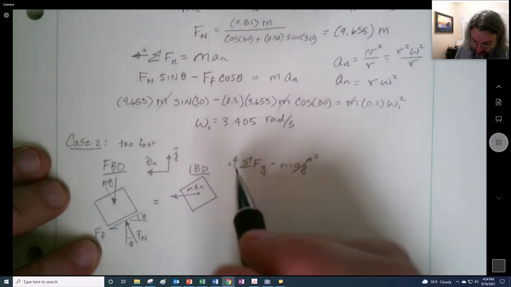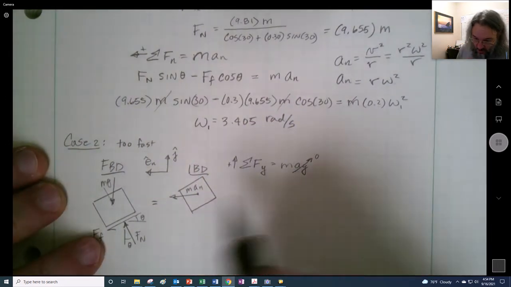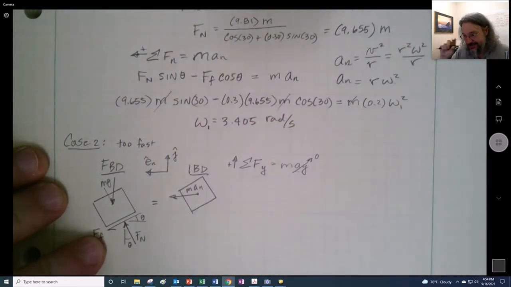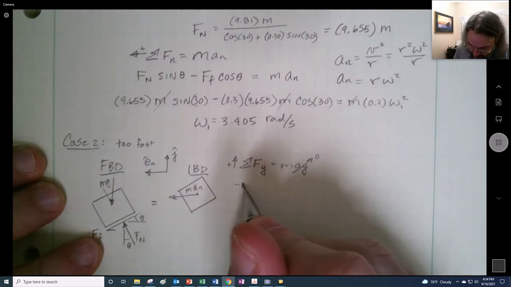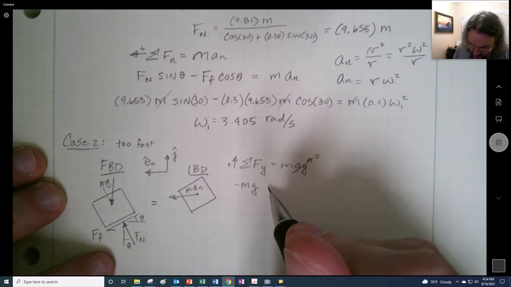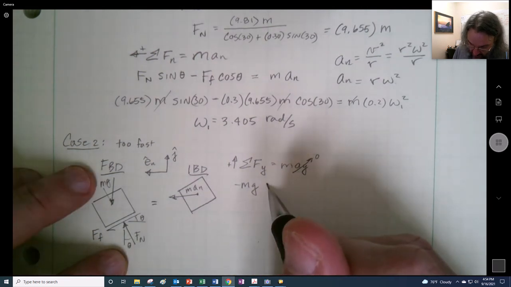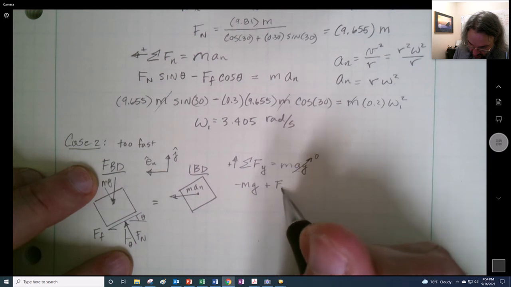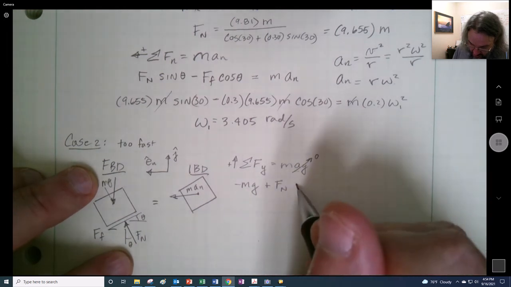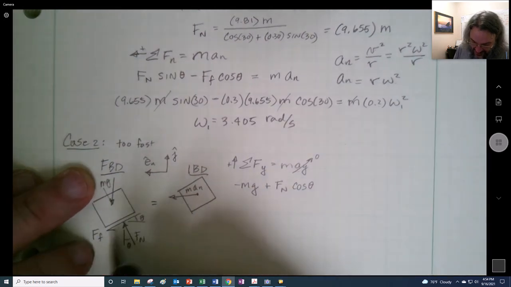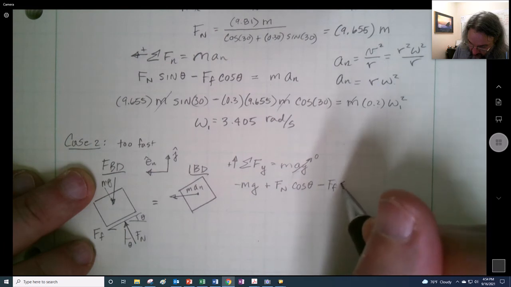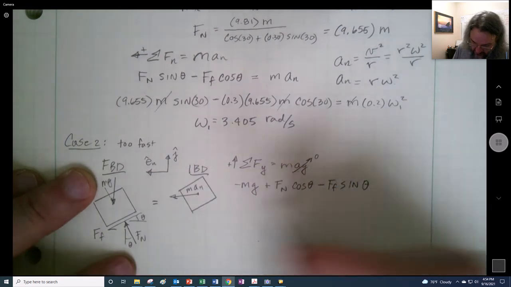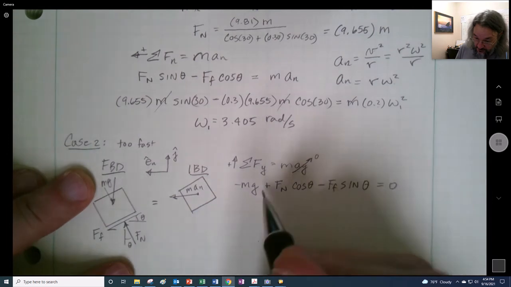So we work through this and we're going to find that one of the signs flips. It's basically the same thing. We still have negative mg, we still have a positive Fn cosine of theta, but now we're going to have a negative Ff sine of theta, because he's going downwards, equal to 0.